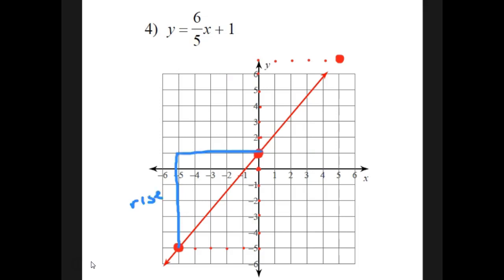and over the run. And if you think about the words rise and run, what does the sun do? It rises, right? So think of sunrise. And if you go running, are you going to run up a hill or do you want to run flat on a sidewalk?